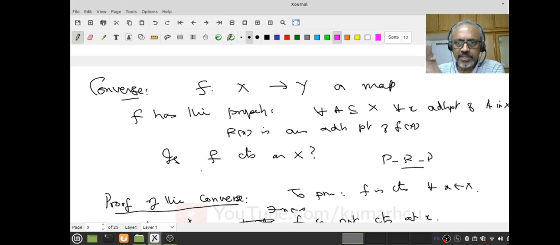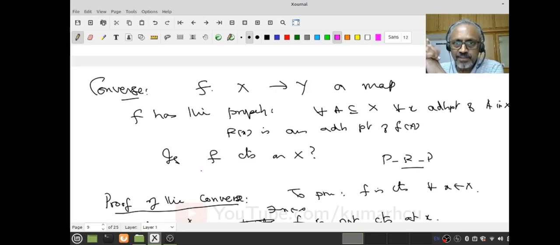You may remember in one of the earlier lectures I said whenever the hypothesis says for every element something happens, in the proof you have to make a choice of that. You cannot keep saying every. So I have to make a choice for capital A. After that I have to make a choice for x, some particular adherent point of A. Then I should arrive at a contradiction. Do you understand?